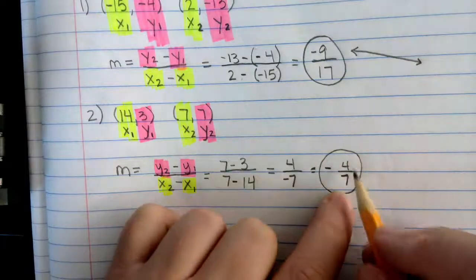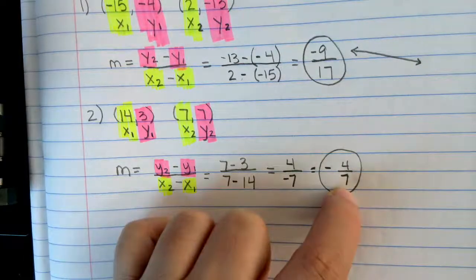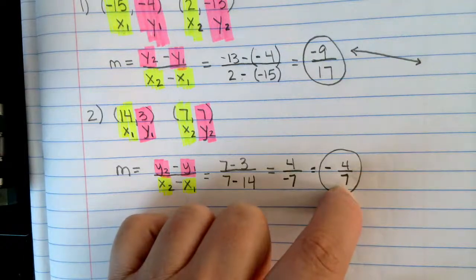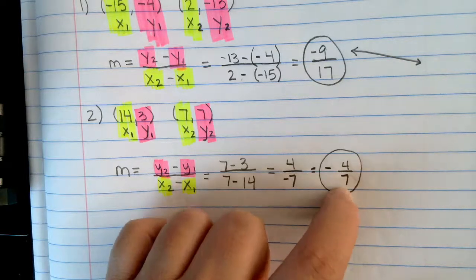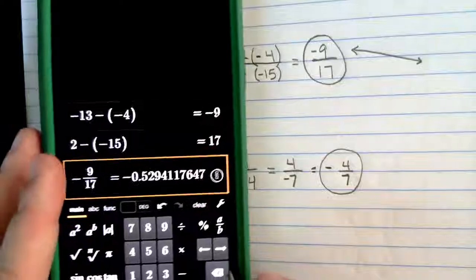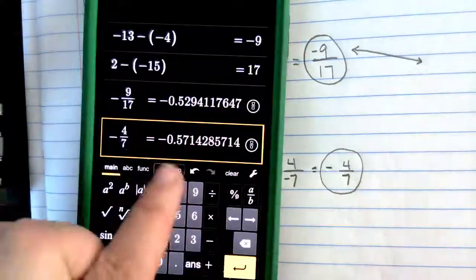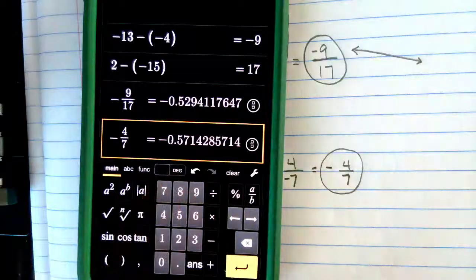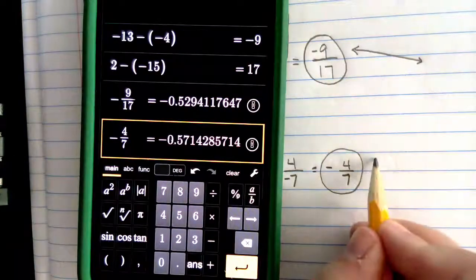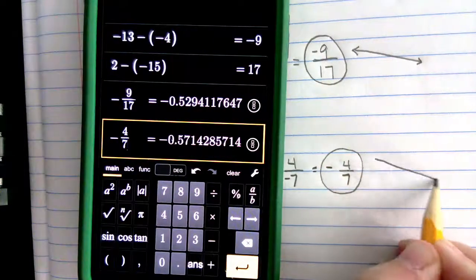Is 4 over 7 bigger than 1 or less than 1? If the top number is smaller than the bottom, it doesn't matter if it's negative. We got negative 0.57. So it's still going to be going down pretty slow. Nice and easy. Nice and slow.